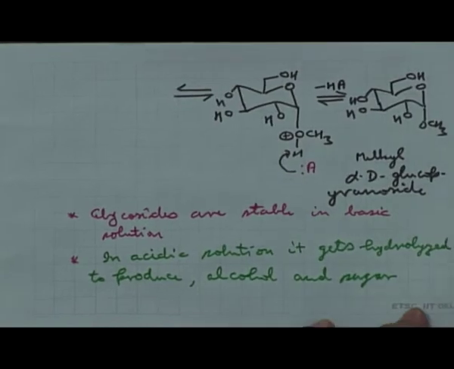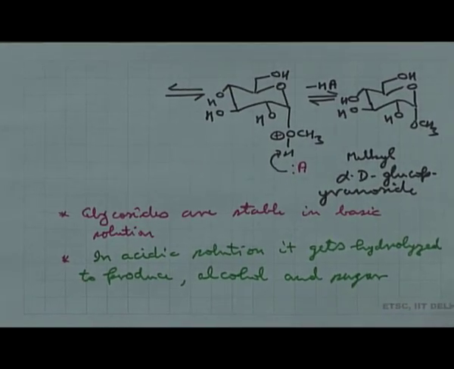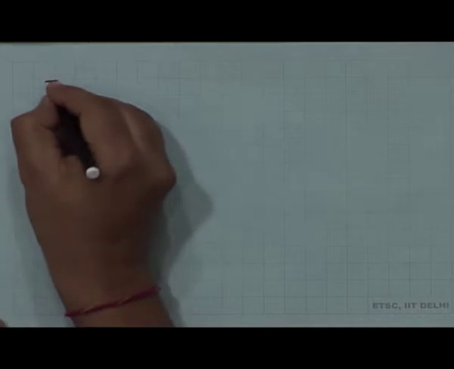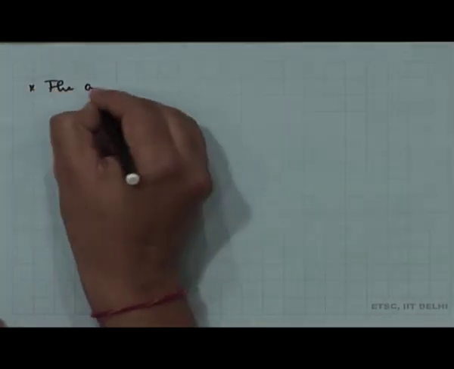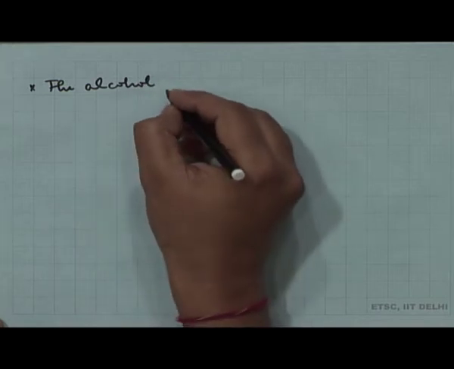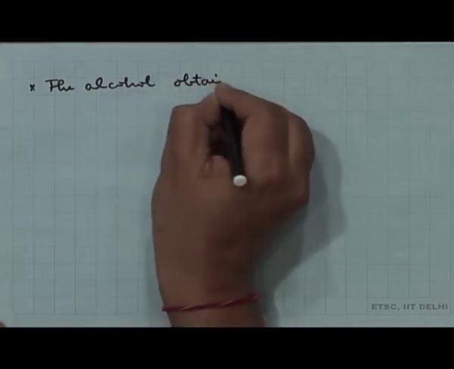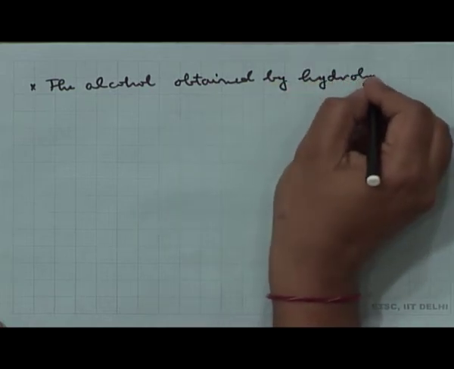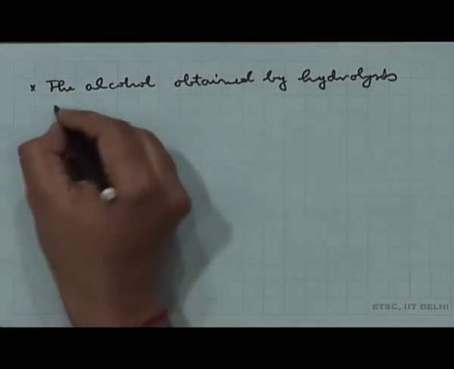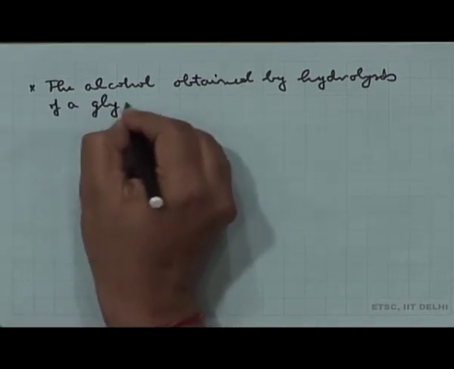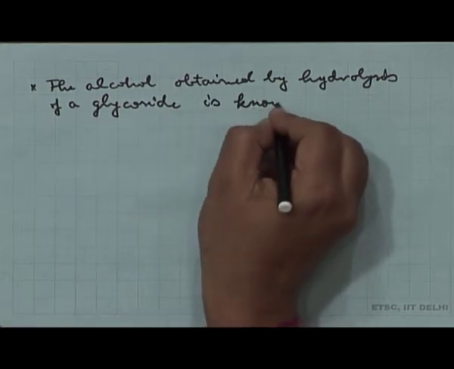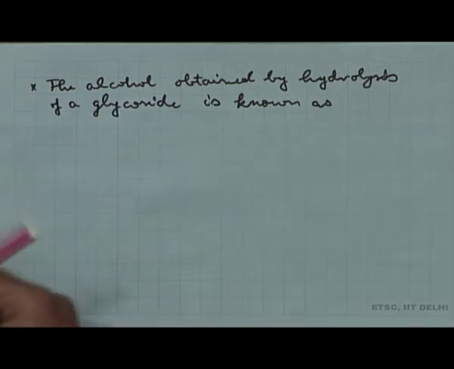The alcohol obtained here after the hydrolysis is known as aglycon. The alcohol obtained by hydrolysis of a glycoside is known as aglycon.